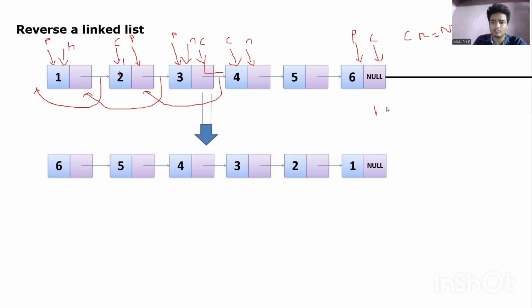So head is equal to previous. So we have to display with the header node first in the linked list. Therefore, we have to point this header node here to the previous, and we have to return that new header node, that is after reversing of a linked list. So this is about the reversing of a linked list.